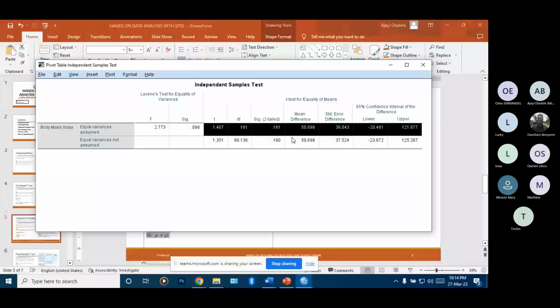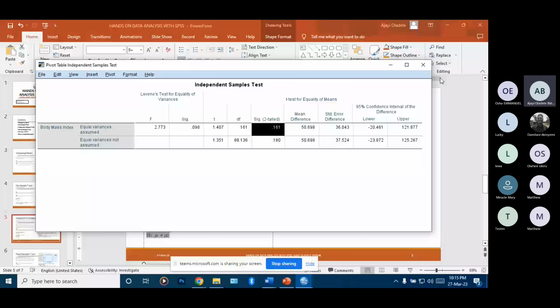In this place, our p-value, which is this guy, 0.161, is greater than alpha. So we do not reject H naught. Am I right? Someone should help me. Yes, sir. Okay, very good. So we do not reject H naught, which means that the means are equal.